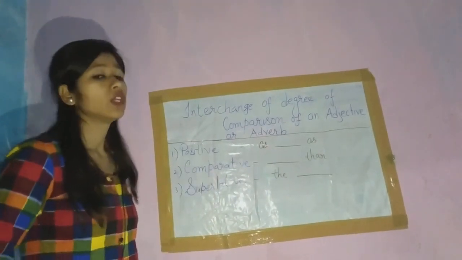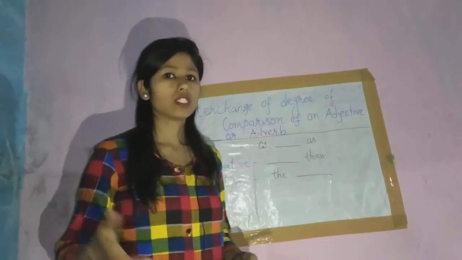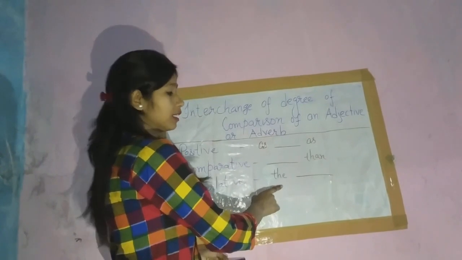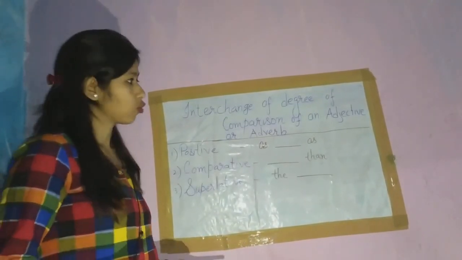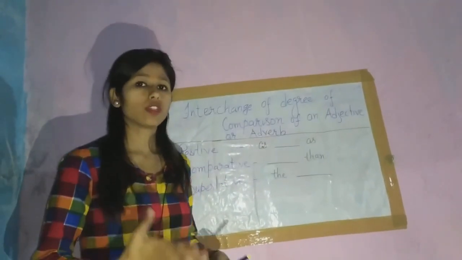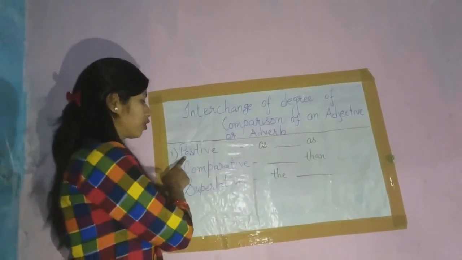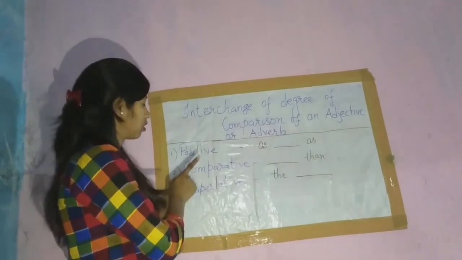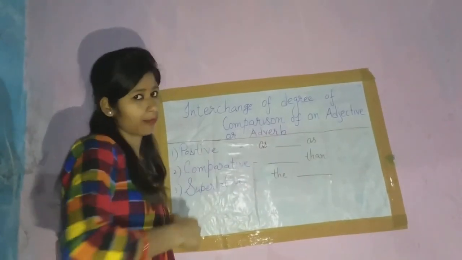And the last one, when you see the adjective or adverb written after the word the, then it is the superlative degree. When you identify these types of sentences, then we are going to interchange them into each other. It means a positive degree can be interchanged to comparative or superlative form. We will see the example.